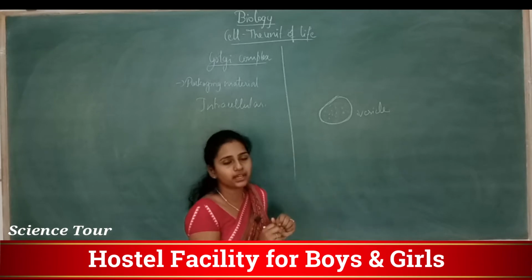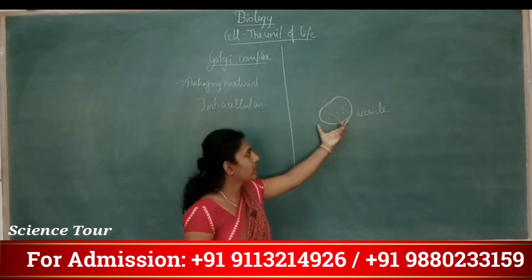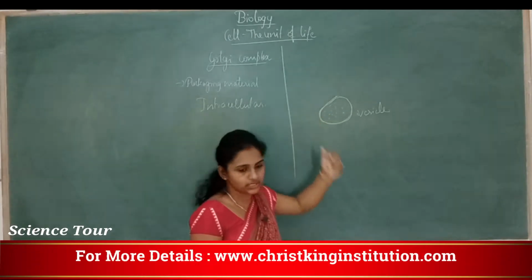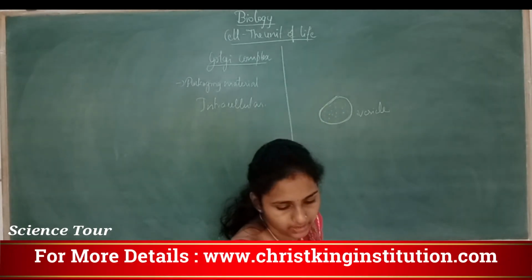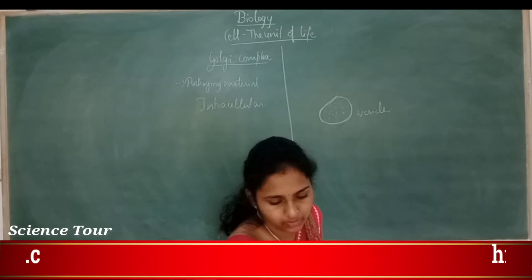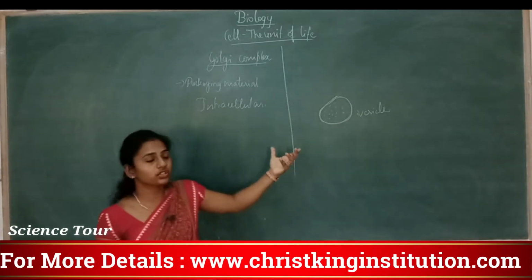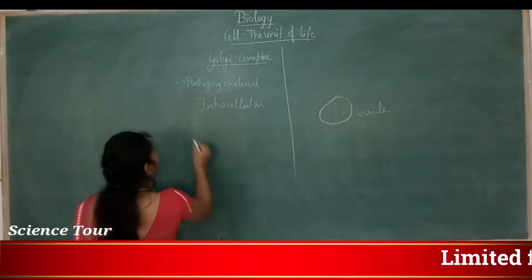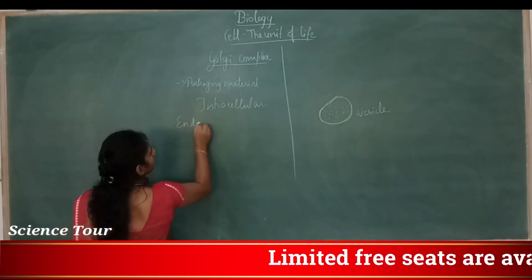It has to be separate from the cytoplasmic content, so it forms a vesicle. So this is a material vesicle, and usually the packaged or important materials are supplied from the endoplasmic reticulum.